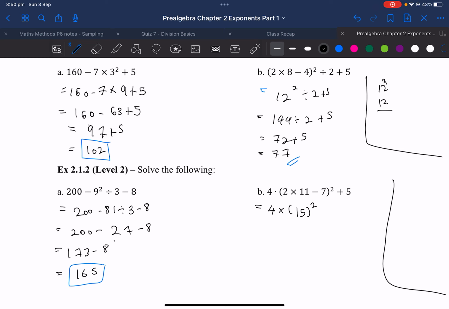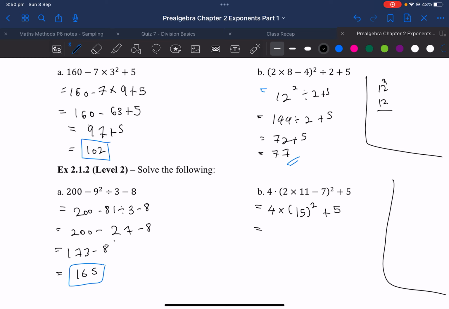Don't forget the 0. Second one. 892. What's 4 times 15 squared?